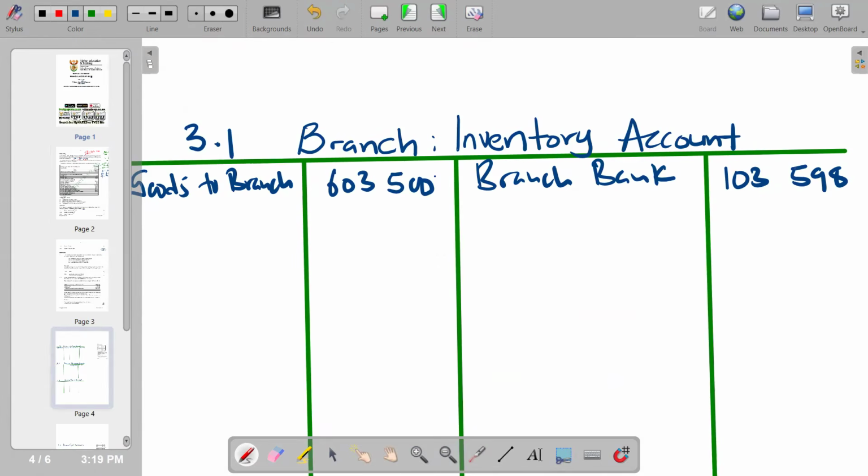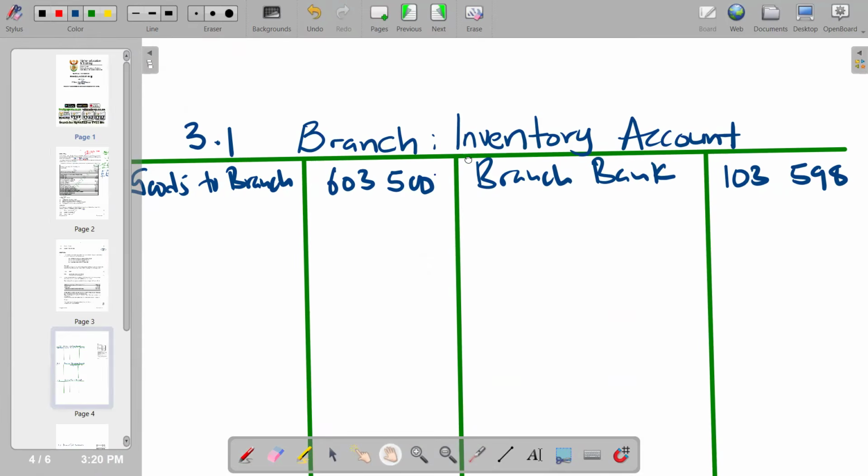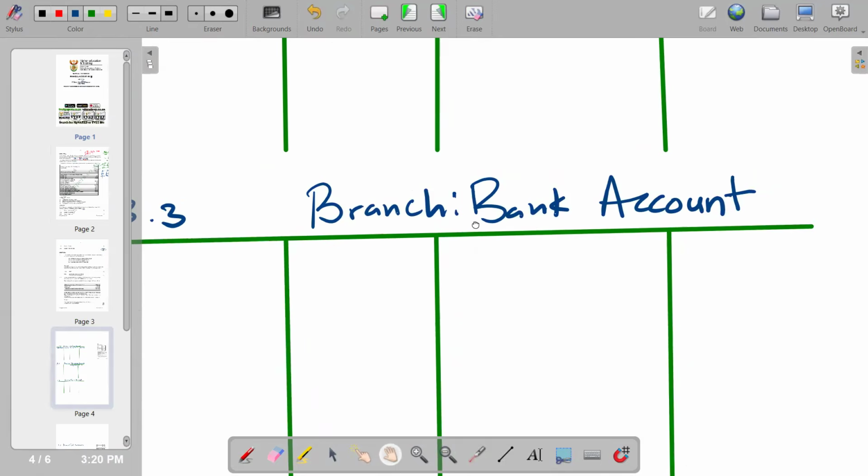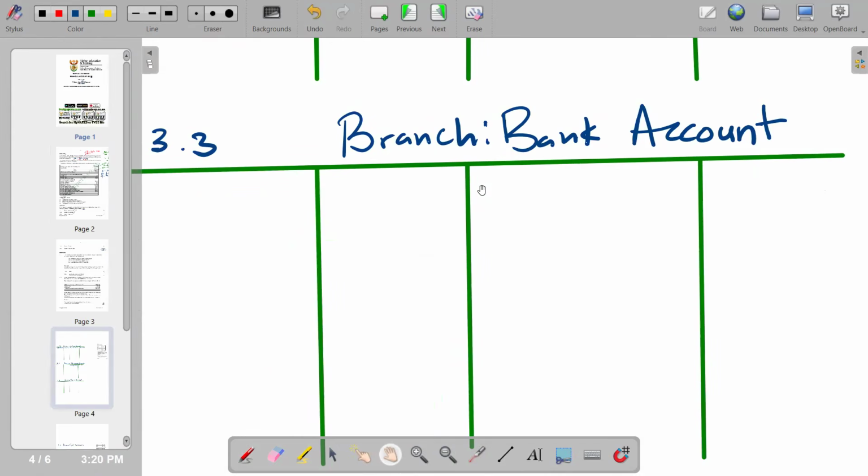And then, of course, we are supposed now to go to the debit side of the branch bank. We have it in the question, so we look for that account, branch bank. We check which one do we have, which branch bank is here. So we go to the debit side, and this figure is coming from the branch inventory. So we say branch inventory.